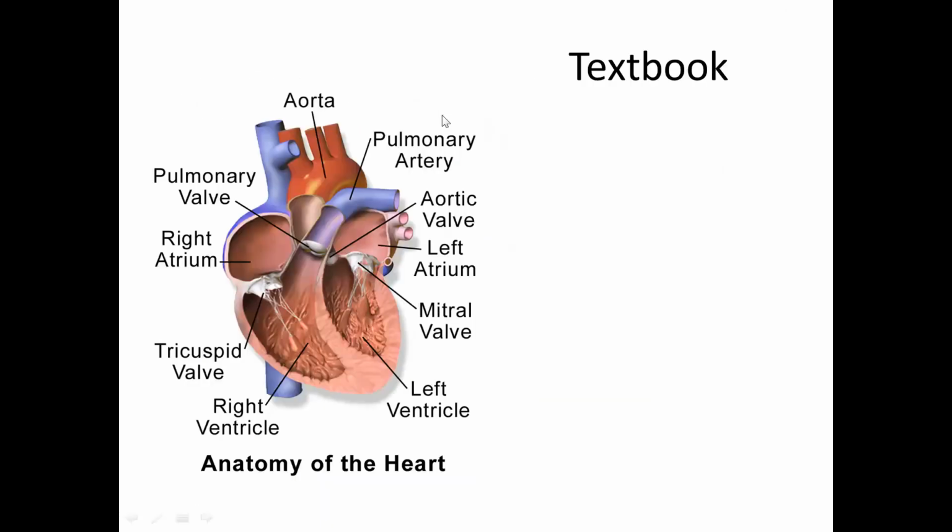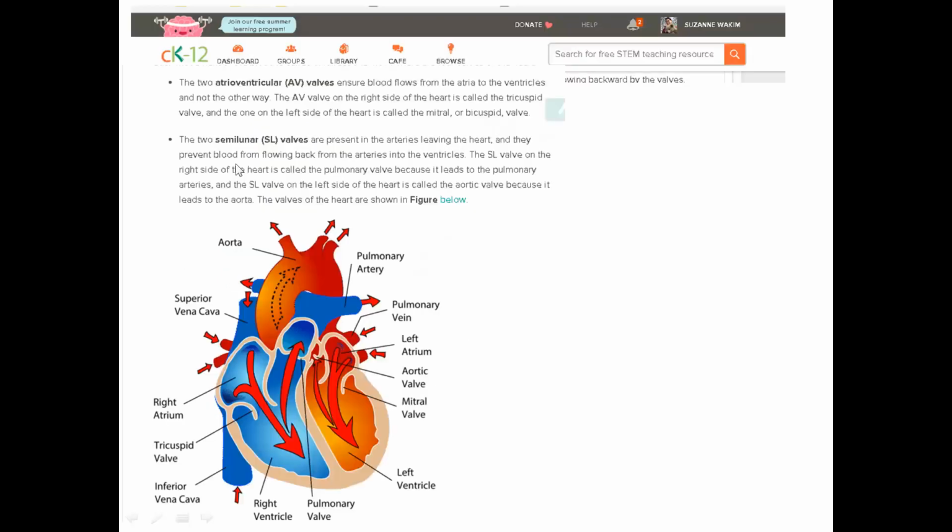So if we go back to this picture here, here it is, mitral, that's one of the AV valves. Tricuspid, that's the other AV valve. So these just have different names. And this is a case with a lot of terms in science and in English too, right? There's a lot of terms that are used interchangeably, and so you have to find those links. So AV valves are the mitral and the tricuspid. They're between the atrium and the ventricle.